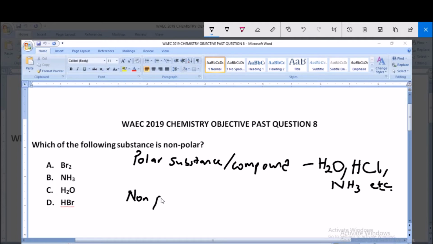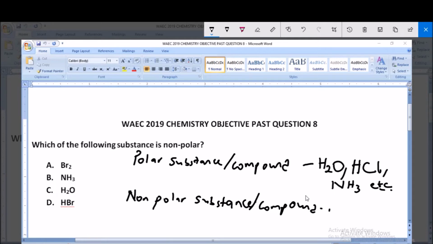Now as for non-polar compounds or non-polar substances, they are the direct opposite of polar substances. And non-polar substances, basically, just for sake of clarity, are compounds that do not possess charges within them, and usually they are diatomic molecules. Most non-polar substances are diatomic molecules.